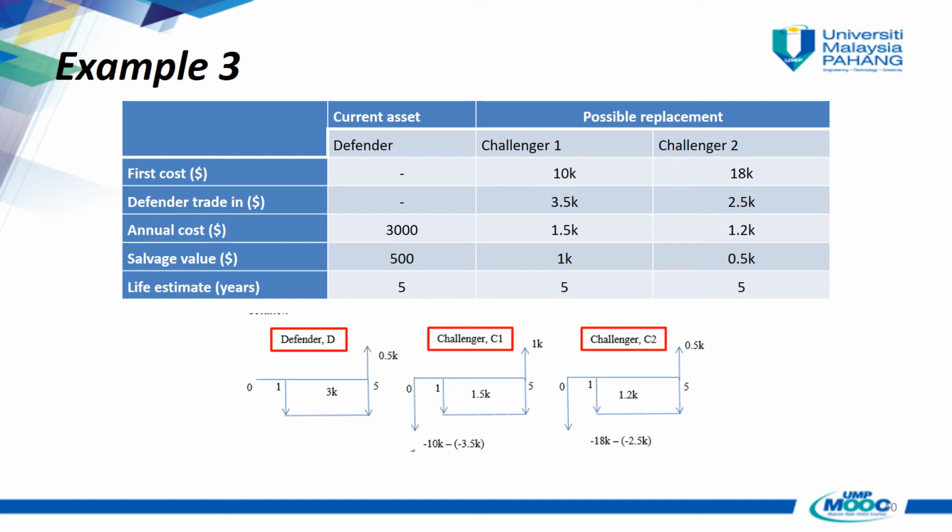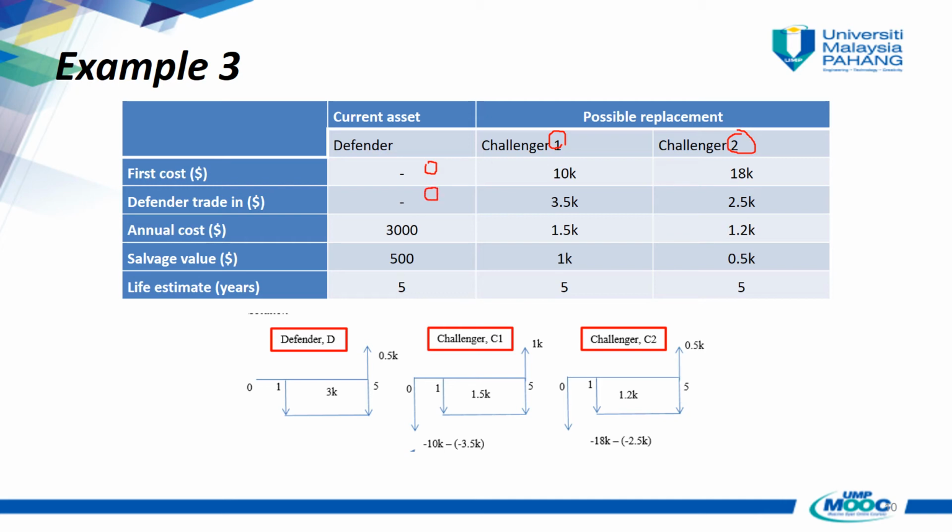If we still maintain the current asset, we identify it as the defender. There is a possible replacement, either Challenger 1 or Challenger 2. There is no first cost for the defender, zero cost, and also no trade-in if we still maintain using the defender.